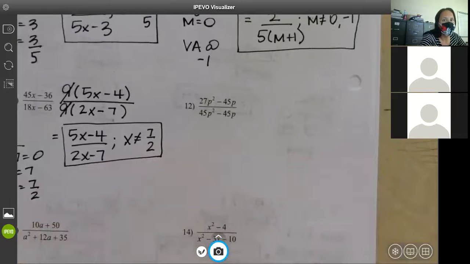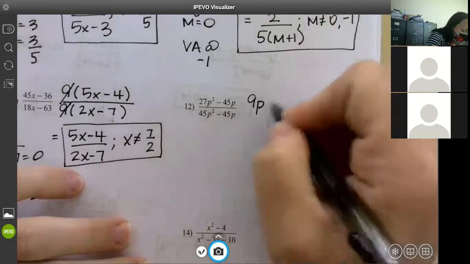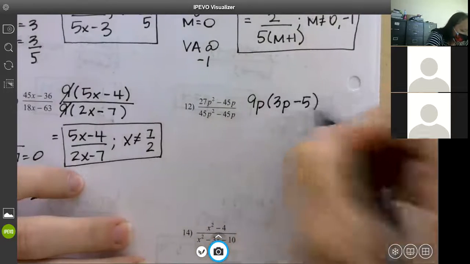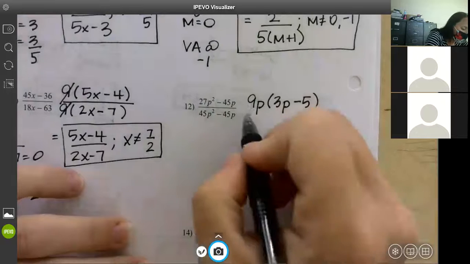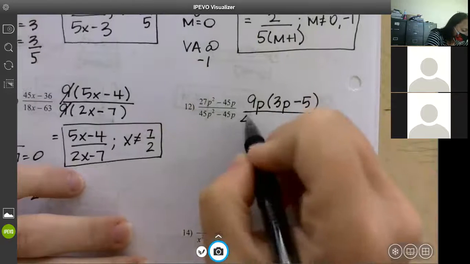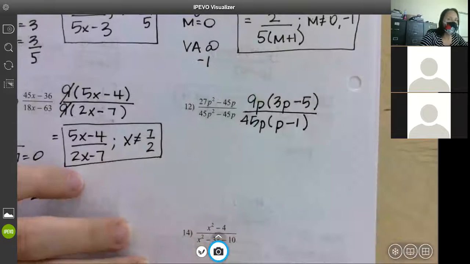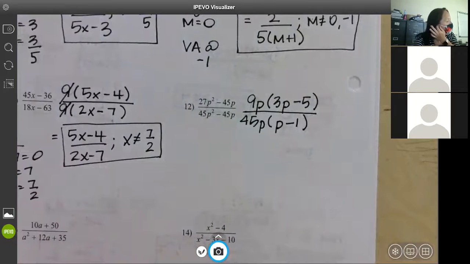What'll come out of this one? 9 and a p. Don't forget that p. Leaves me with 3p minus 5. On the bottom, what'll come out? 45p. Leaves me with p minus 1. Reduce what you can.